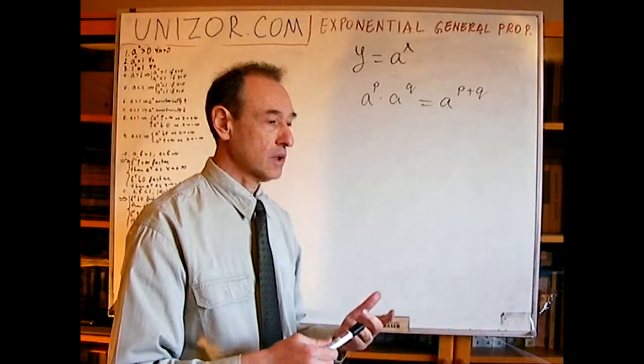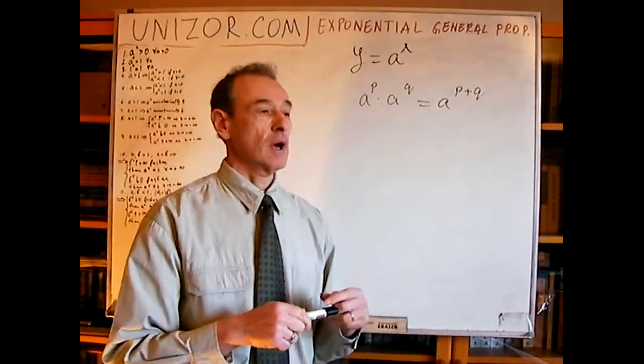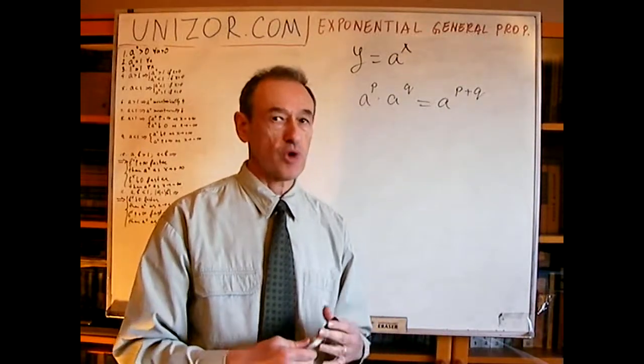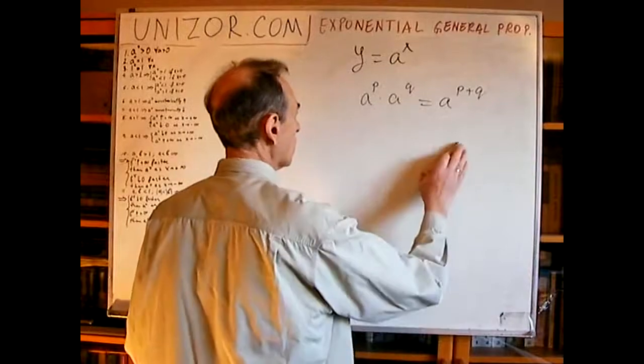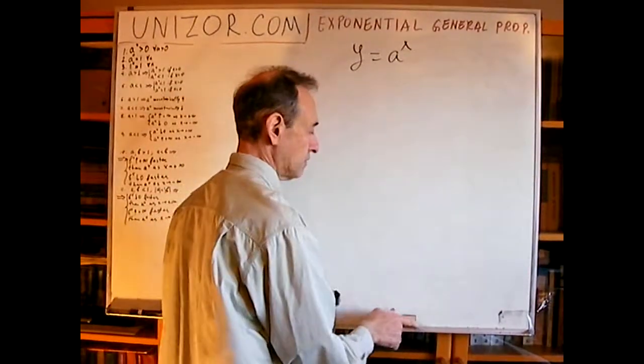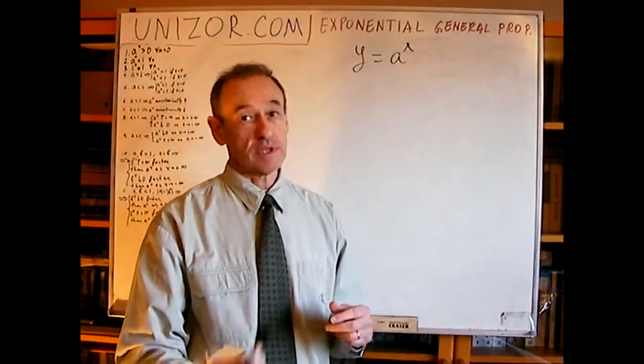Now I will go into properties of exponential functions. Just to illustrate these properties, I would like you to have in mind a graph of this particular function. I will explain all the details about the graph in the next lecture.